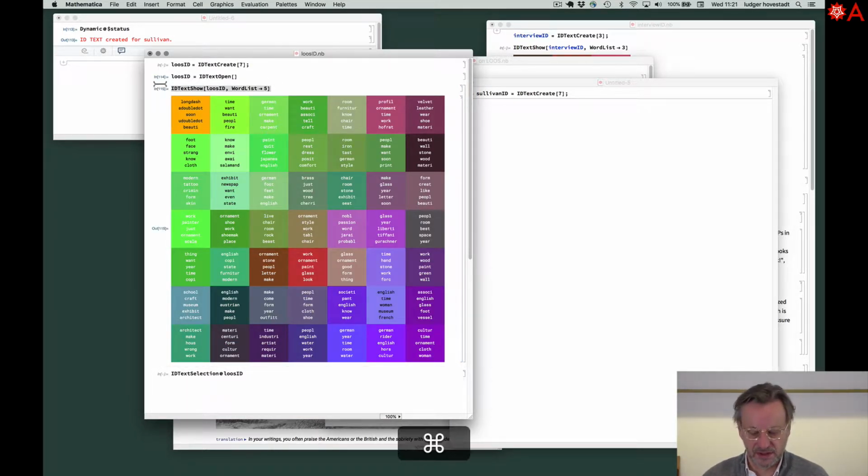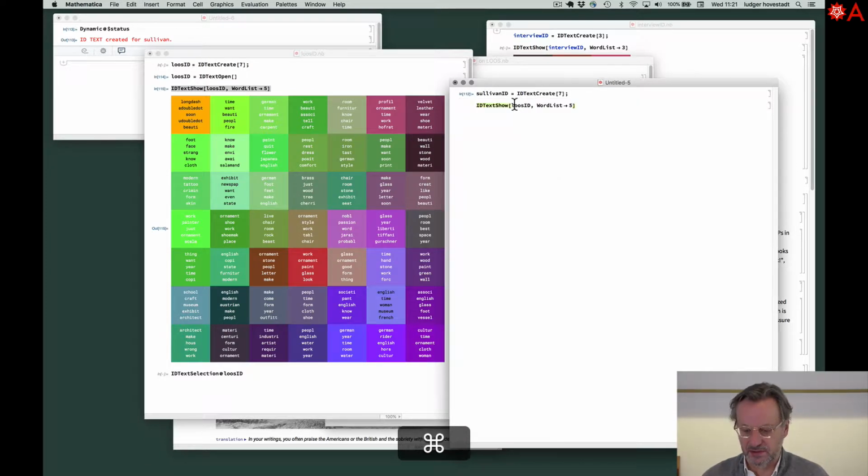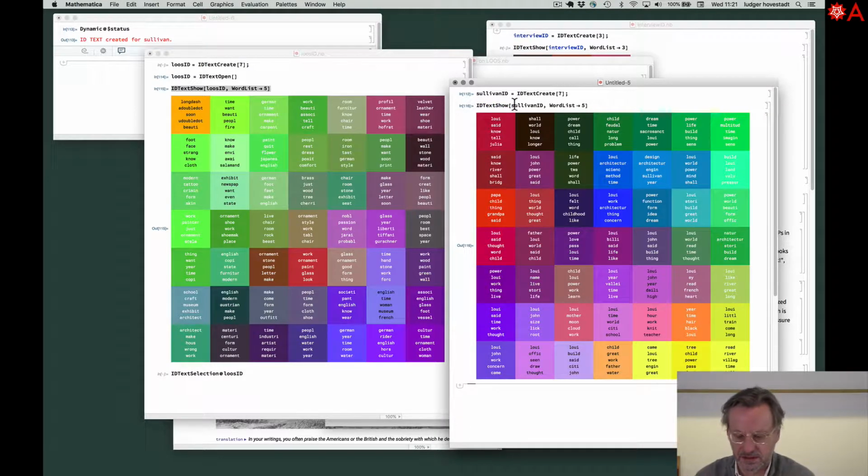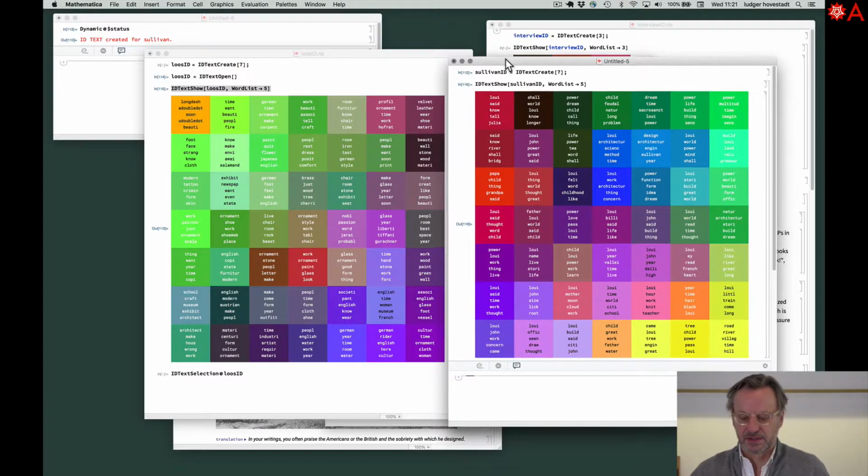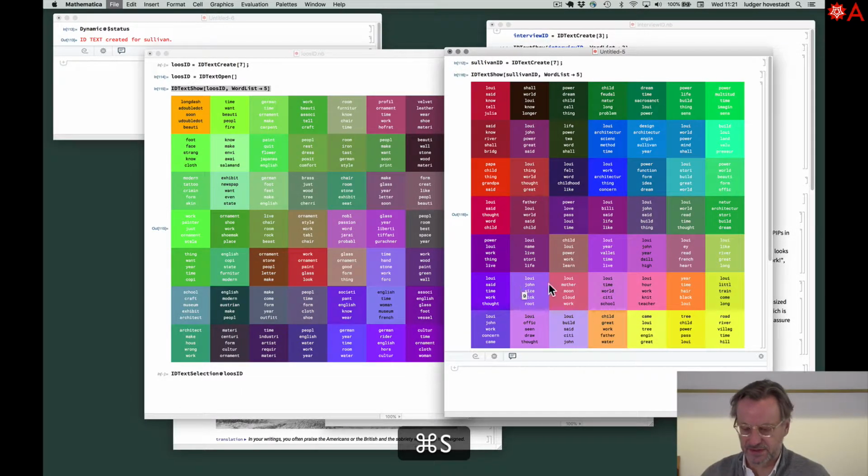Now it's working. Take this and do it for Sullivan ID, and it's of a different setup. So this talk between these two figures might be interesting. So let's, for example, check, first save it.